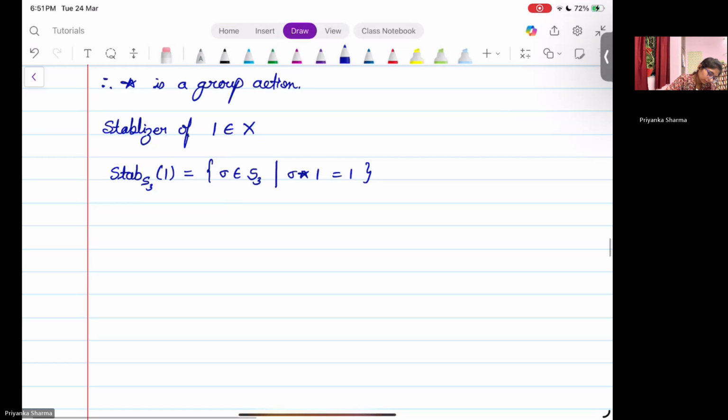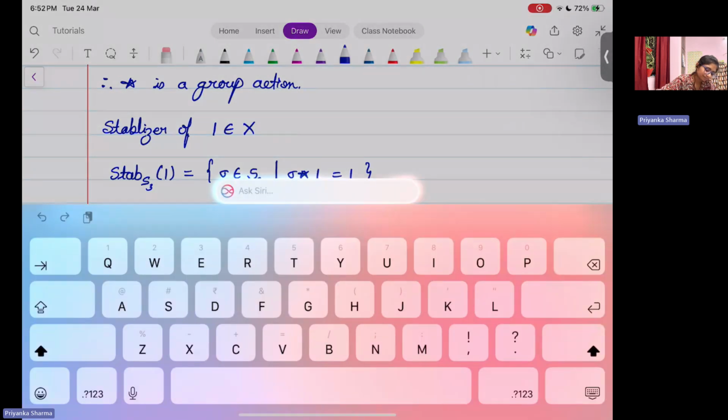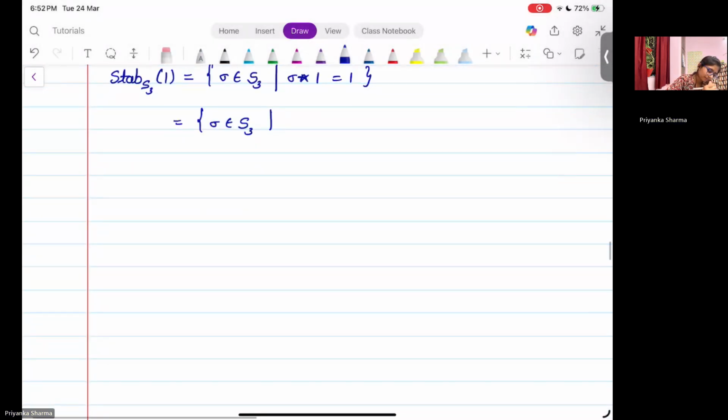It means the set of all sigma such that sigma of 1 is 1.